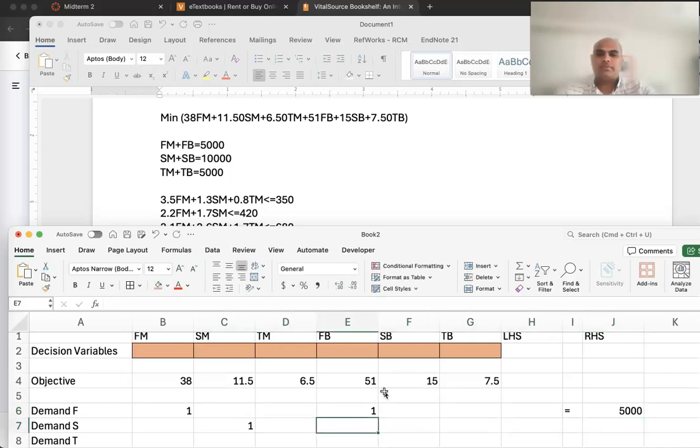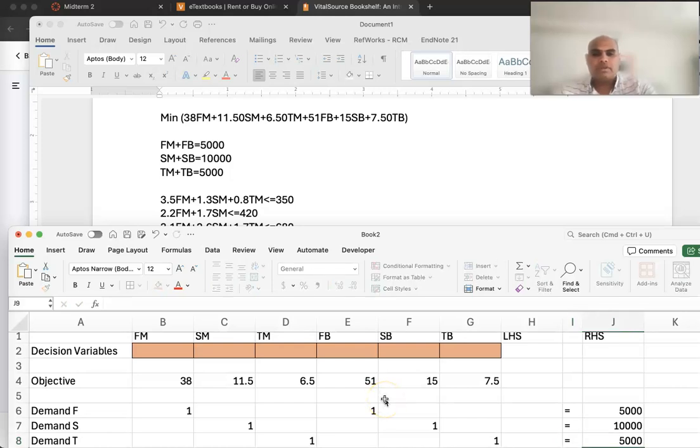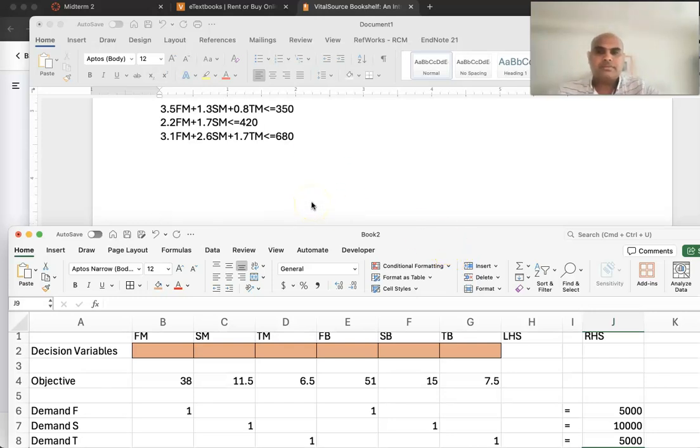The number of supports made plus the number of supports bought has to be equal to 10,000. And the number of straps made and the number of straps bought has to be equal to 5,000 once again, right? Next.